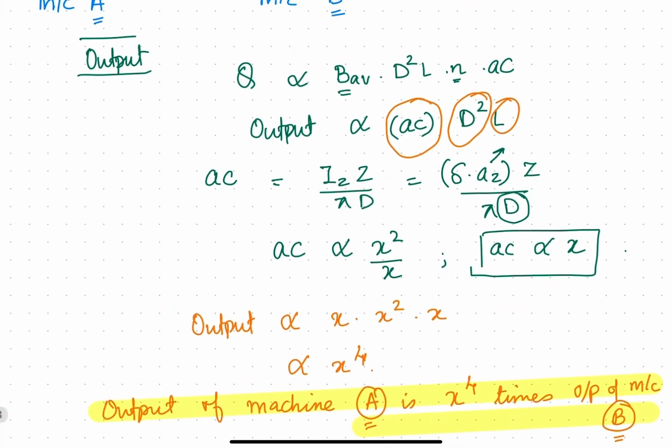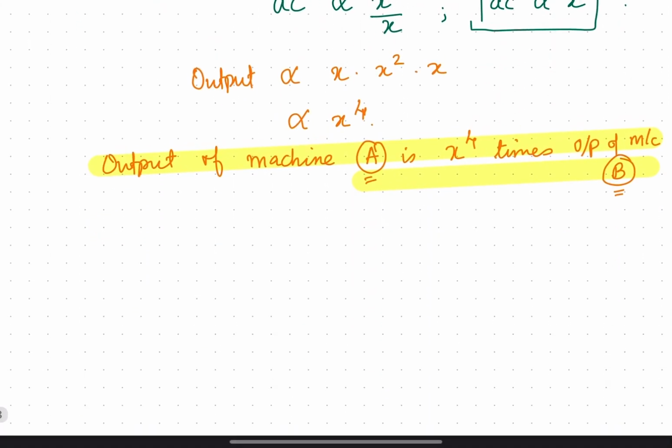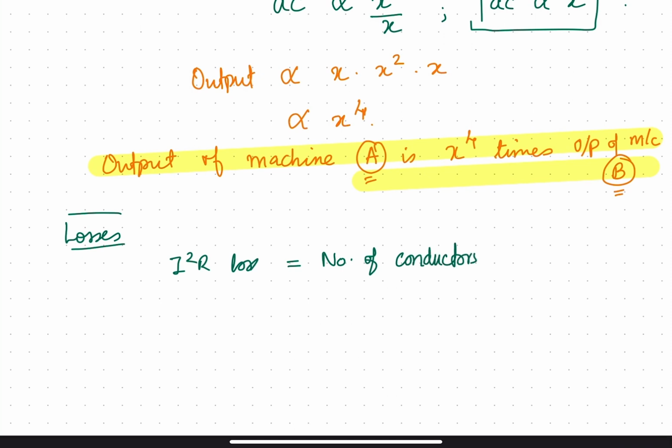Next we talk about losses. Let's see how we figure out what happens to the losses. Now if you see the I square R loss, I square R loss is a factor which depends on the number of conductors into the amount of copper in each conductor.